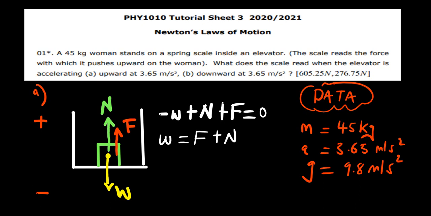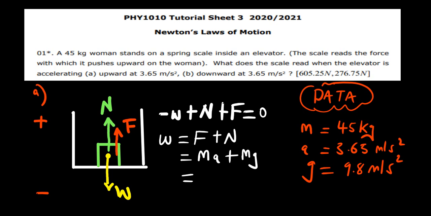Now, the force that is acting on this woman will be the force due to gravity. So we have mass times acceleration, which is ma, that's our force, plus the normal force. The normal force in this case will be like the weight force, just in the opposite direction, and the way we measure weight is mg.